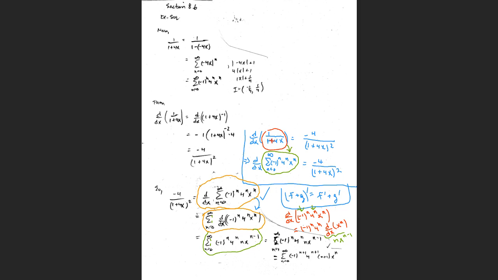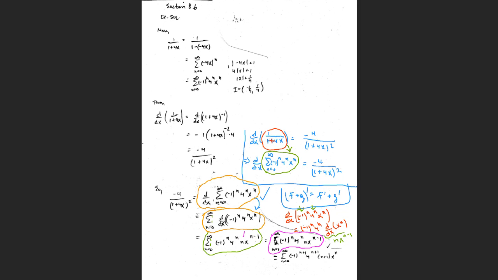Now, the index: when I go from this step to this step, notice the index changed to n equals 1.